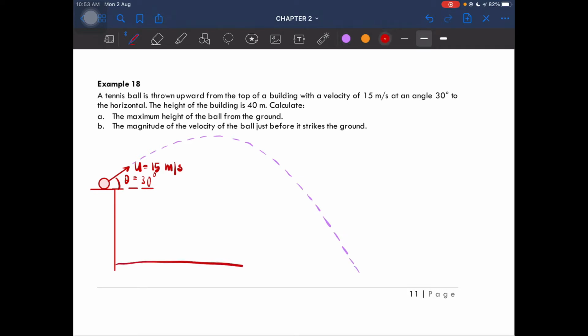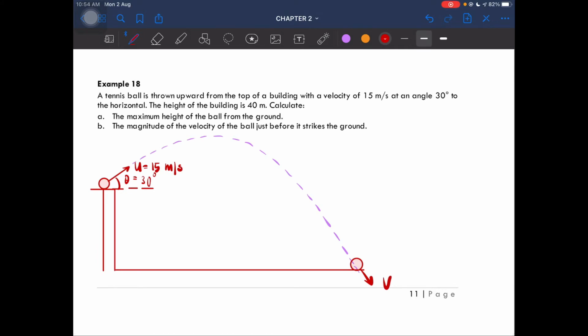The bottom is our horizontal displacement, so the ball would end up somewhere here. So we are also looking for v before it strikes the ground. Okay, so what information do we have?